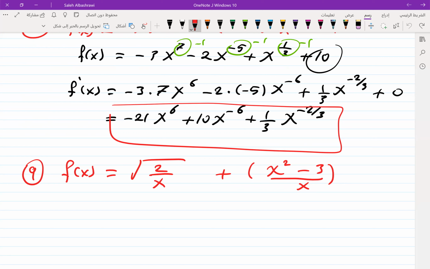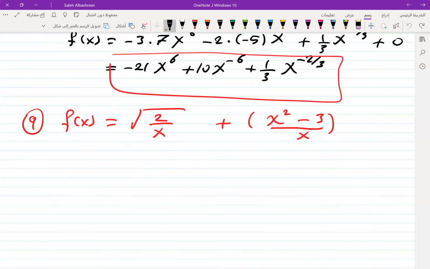Sometimes we need to simplify it or rewrite it in a very nice form so that we can find the derivative. Now this function can be written as square root of 2 divided by square root of x. I write it step by step, plus the second part, it can be written as x to the power minus 1 multiplied by x squared minus 3.